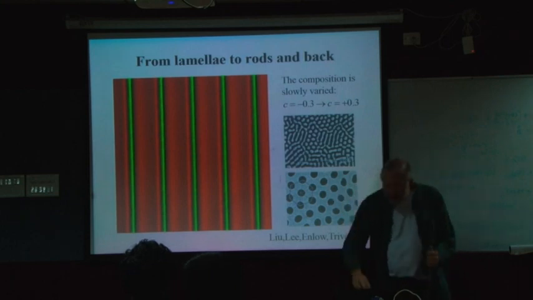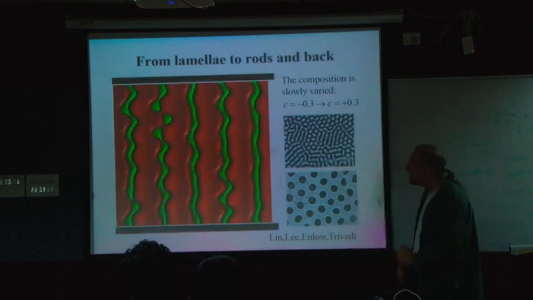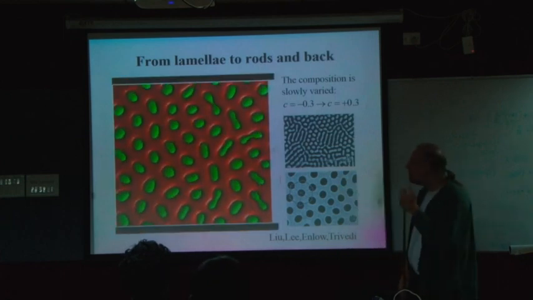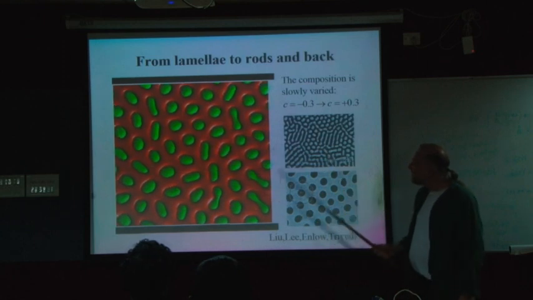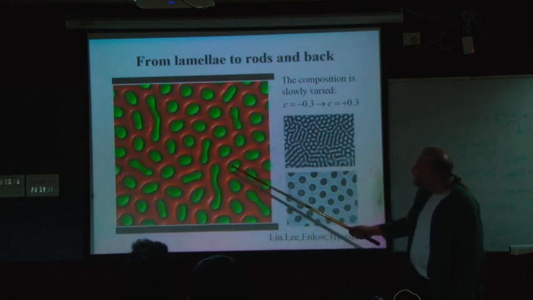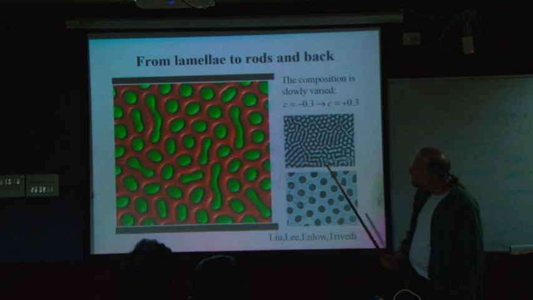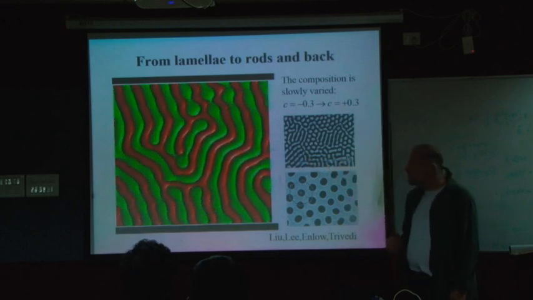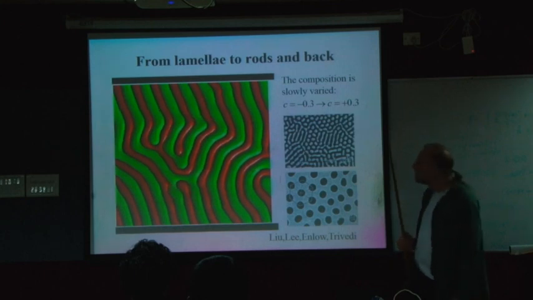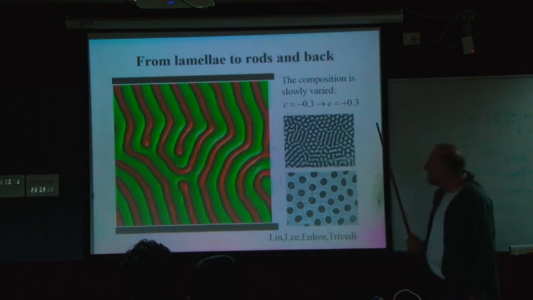You will see that the volume fraction of green slowly increases. First these lamella are unstable, so we form green rods in the red matrix. Now you can observe that the green slowly becomes thicker and thicker, and then, whoops, everything connects to form lamella.